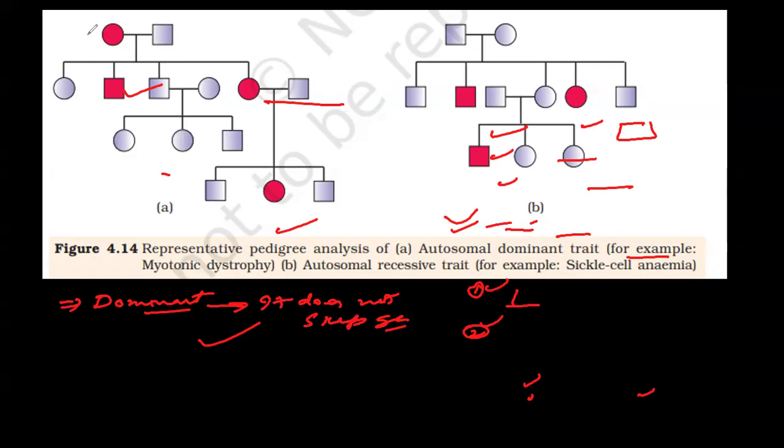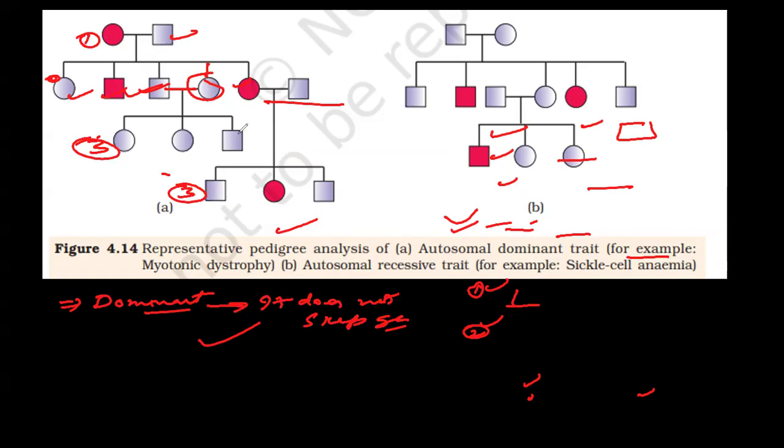Say this is generation one, this is two, this is three. These are the parents, female and male. They are getting married, and they have these children, one, two, three, and four. This is not the child of this male and female. This is another female who is getting married to a child of these parents, because it is not connected here. If it was connected, then it would be the child of these two.